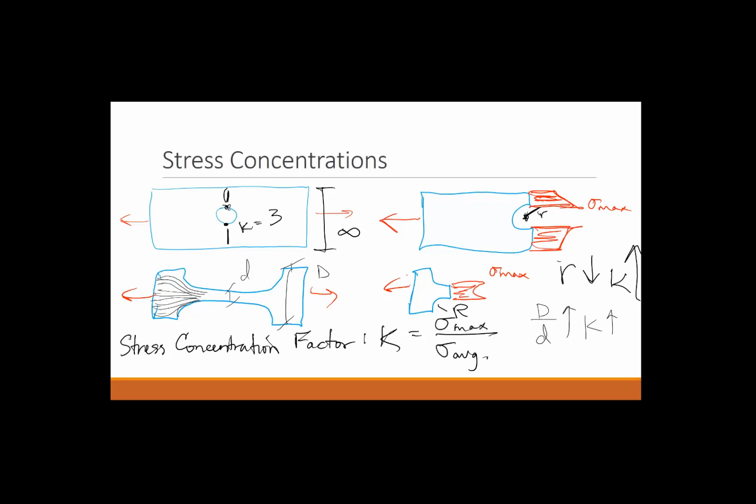And that means that right here in these parts where it's coming around the bend, they're seeing more stress. Because when the radius goes down, it should be starting to act more like a sharp crack. Does that make sense?